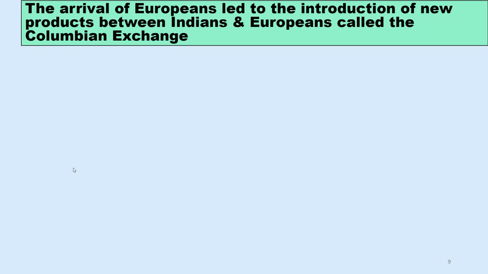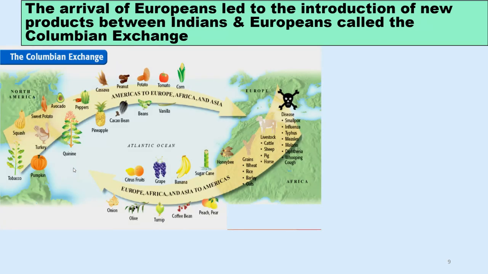Now, this is going to trigger the Columbian Exchange because goods are brought from the Old World, Europe, to the New World, and then goods are brought from the New World to the Old World. And these are some of the most noteworthy. The real animal that goes from the west to the east is the turkey. Okay. And then you get tomatoes and corn and potatoes that go to Europe.